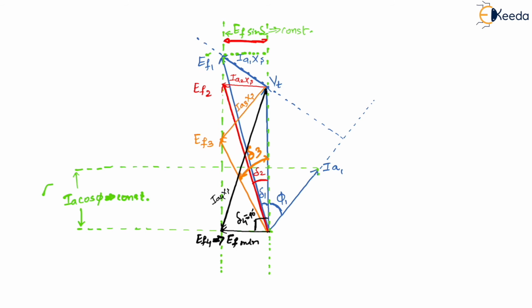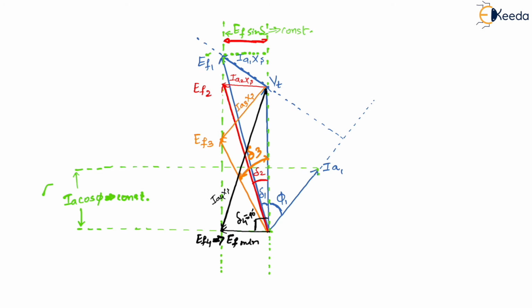Yes or no? Yes. Why? Because the IA2 axis is nothing but the voltage drop across reactance, and we know that the voltage across an inductor leads current by 90 degrees. Yes or no? Yes. That is the reason for 90 degrees to my IA2 axis.